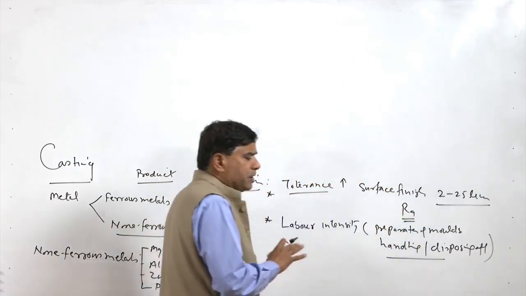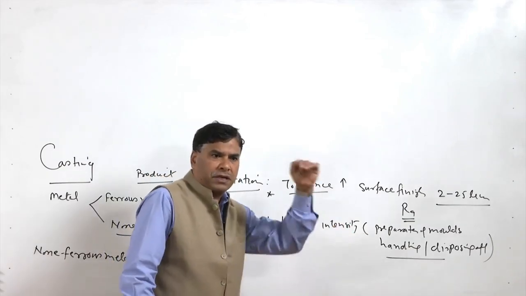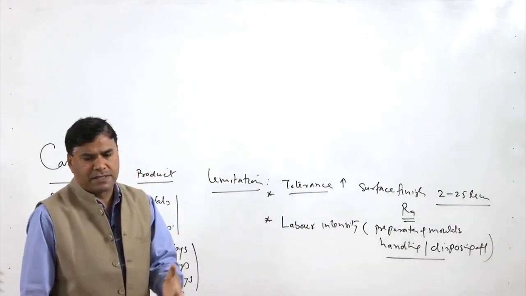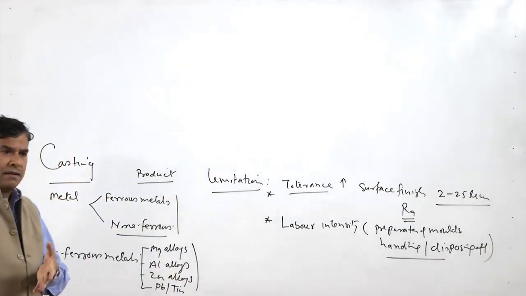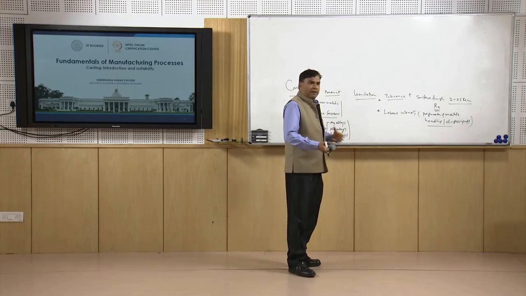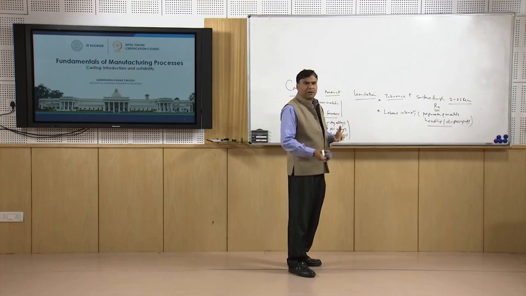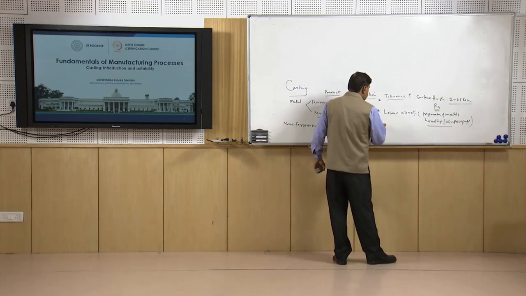for handling of the molten metal, handling of the raw material to be melted, putting it into the furnace, and then the molten metal is to be handled and brought to the mold, and poured into the mold, and after solidification the component is taken out of the mold. All these things require a lot of manpower. So, it is labor intensive.